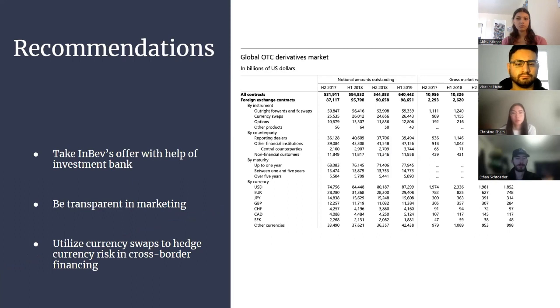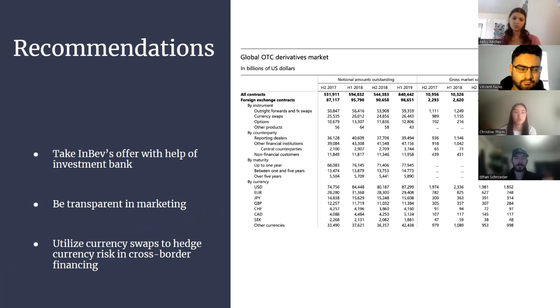So in regards to the recommendations for this Anheuser-Busch case, we recommend that Anheuser-Busch take InBev's offer, since this decision would be consistent with shareholder wealth maximization theory, because InBev's offer, as we said before, would be $65 per share, which is much larger than any share price that Anheuser-Busch has seen in years.